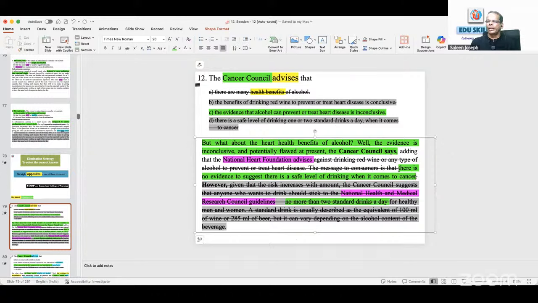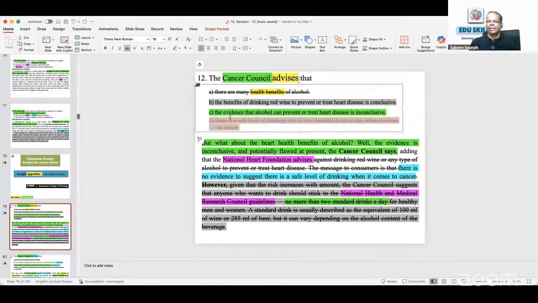Do you get it? The text says there is no evidence to suggest there is a safe level of drinking when it comes to cancer. But option D says there is a safe level of drinking.